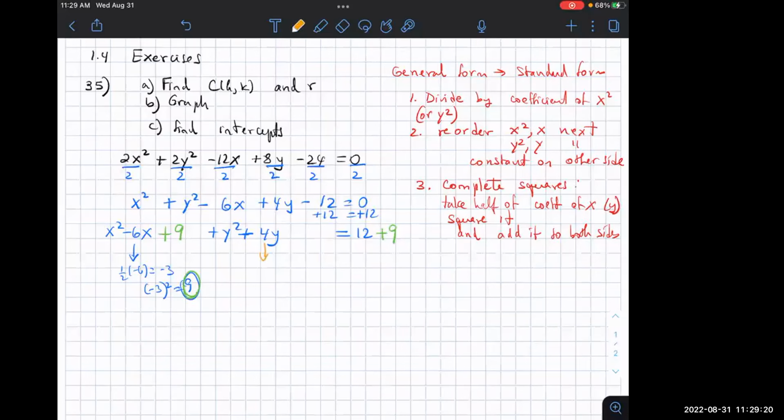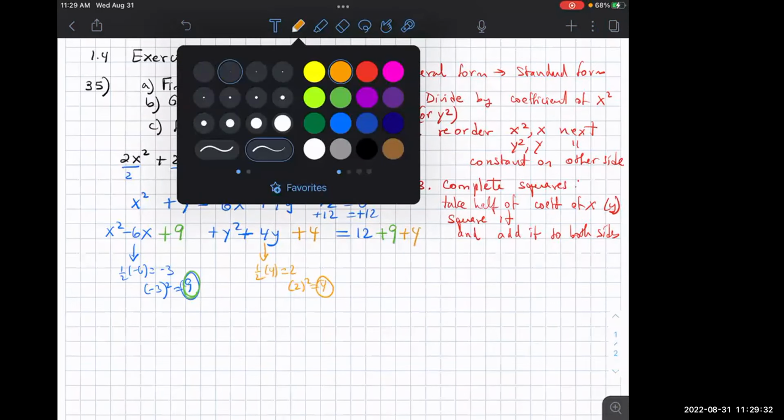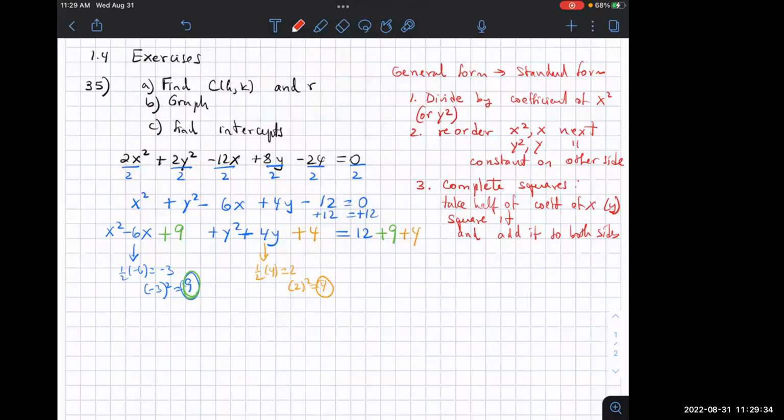So I take half of the coefficient of y, you square it, and that's the quantity that you add to both sides. Okay, so complete the squares. And then the fourth step will be to factor to perfect squares. At this point, you should have perfect squares.